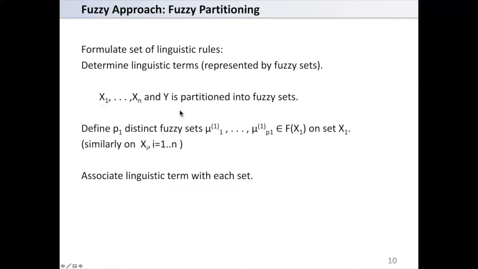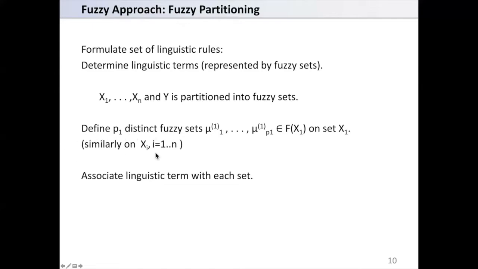These sets are partitioned into fuzzy sets. For this purpose, for each reference set, for example, for x1, we define P1 distinct fuzzy sets with the membership functions mu1 up to mu P1 on the reference set 1.